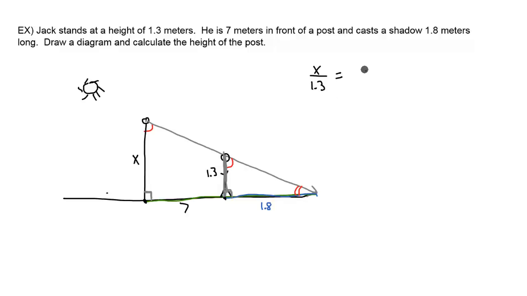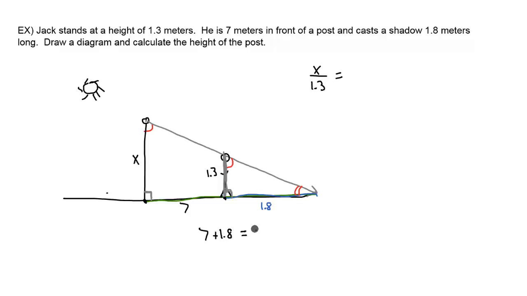We need to come up with another fraction. So we need one of the sides of the big triangle. We already used this side, which was x. So let's use this bottom part. And we know that the first section right here we have 7. And in the second section we have this little part right here, 1.8. So we could add these together.